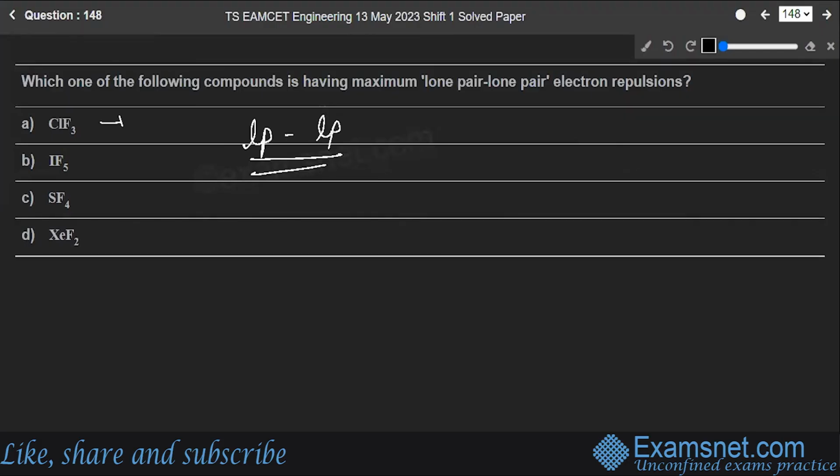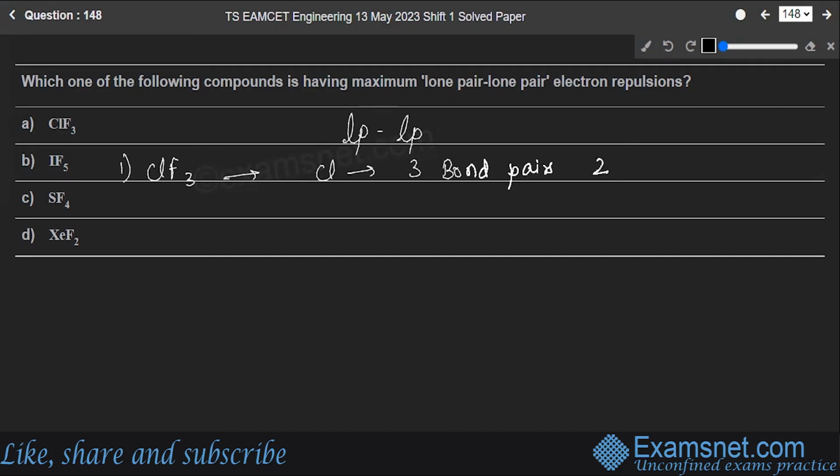So if I pick up the first one, ClF3, the central atom Cl has 3 bond pairs and 2 lone pairs.